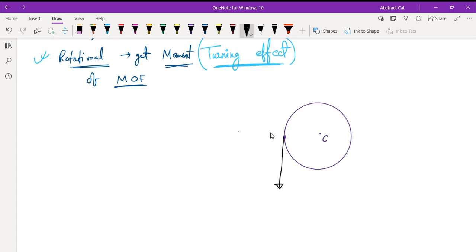Force applied here, and that is the radius. Suppose this point is called point P. There is a radius, and we see that there's a tangent. This black line represents a tangent, and tangent and radius we know are always perpendicular, at 90 degrees. Okay, so moment of force, or another name, torque.